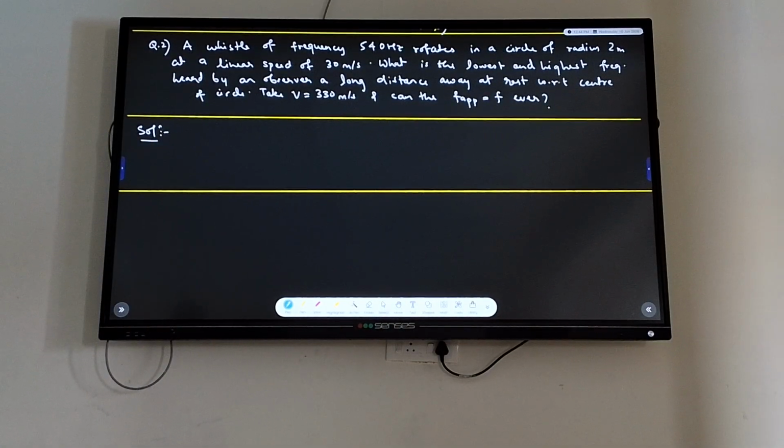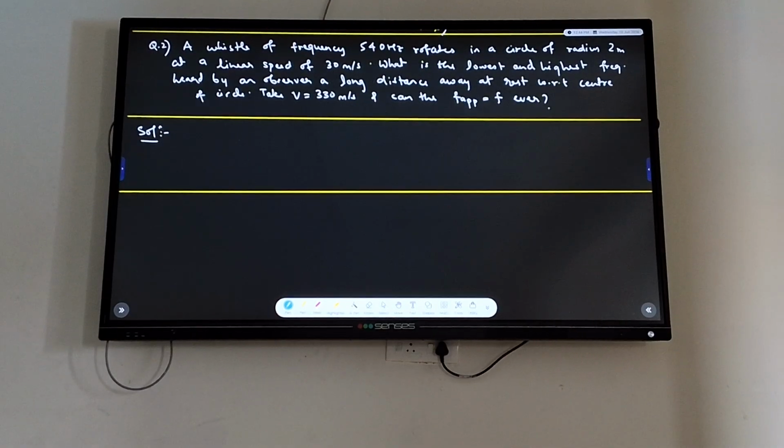Don't sit around, attempt. Try to at least read the question and write whatever you can as a given data or make the picture.